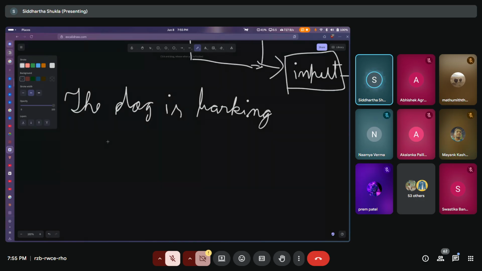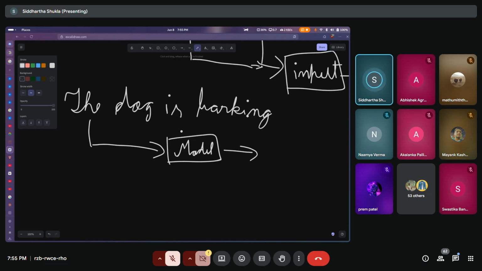Now, what the RNN is doing is taking the first word as the first input and giving it to the model. The model generates the output. You might be wondering why you would give something like "the dog is barking" to a model just like that.